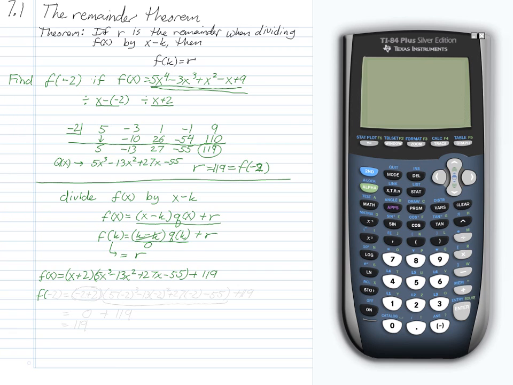Now, if I plug in negative 2, that would be negative 2 plus 2 times 5 times negative 2 cubed minus 13 times negative 2 squared plus 27 times negative 2 minus 55, plus 119. And this piece is 0. So I'm multiplying 0 times all of this complicated stuff, so all of that ends up being 0, and I just get 119. So this demonstrates how powerful the remainder theorem is. As soon as we have synthetic division and the remainder theorem, we can pretty much evaluate any polynomial function at any x value much more quickly.